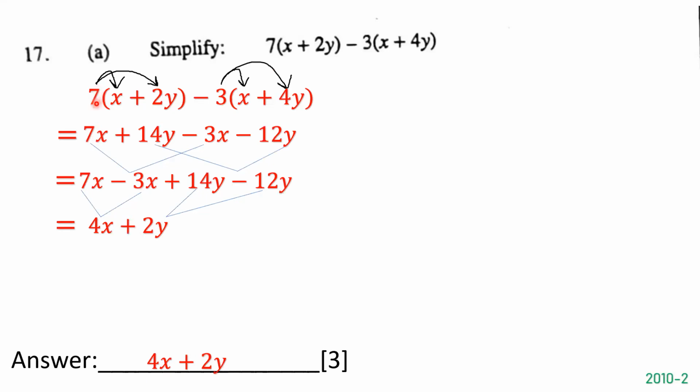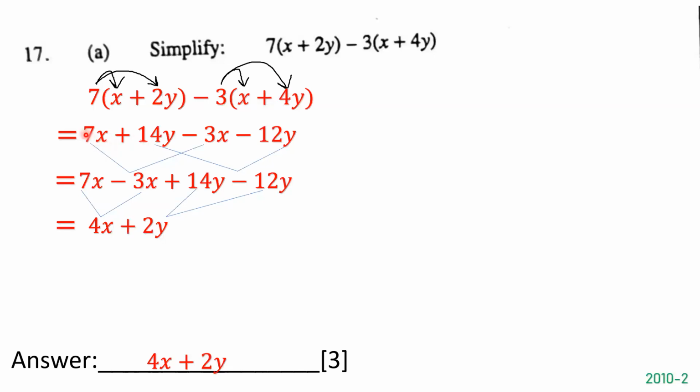And then we say 7 times 2, which is 14, and we keep the y. And negative 3 multiplied by x is negative 3x. And negative 3 multiplied by 4y is negative 12y, because 3 times 4 is 12. A negative times a positive is a negative. That's a very important observation right there.